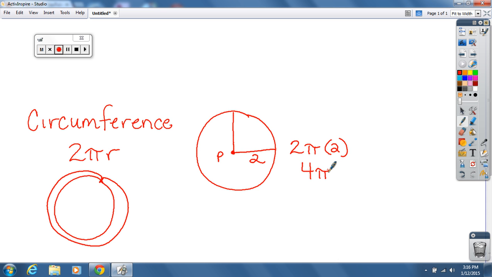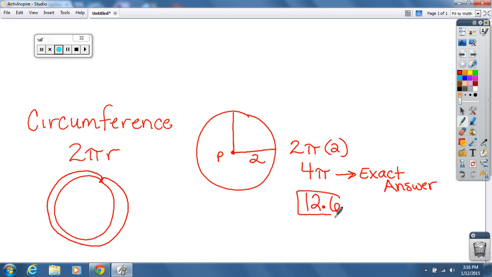If I left it at 4 pi, this would be an exact answer. But if I put 4 pi in my calculator and I get a decimal for that answer, that is going to be a rounded answer. If I round it to the 10th, I would get 12.6.